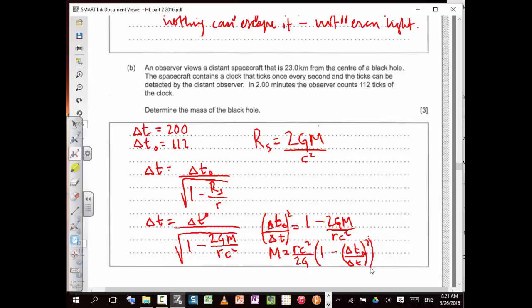And finally, that will give us an answer for the mass of 2 times 10 to the 30 kgs.